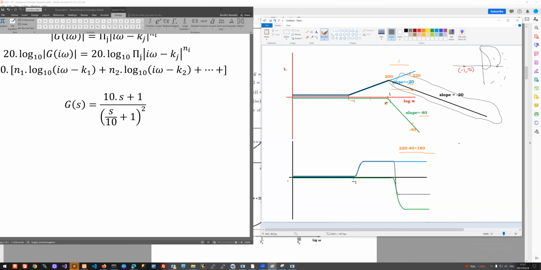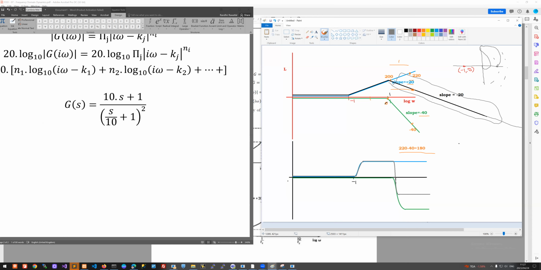We can imagine in the different sections what's happening, and we can observe from this whether we will encircle minus 1, 0. And it looks like we will not encircle minus 1, 0. If you imagine this line going further and further, it is only getting more and more negative. So the magnitude is getting smaller and smaller.